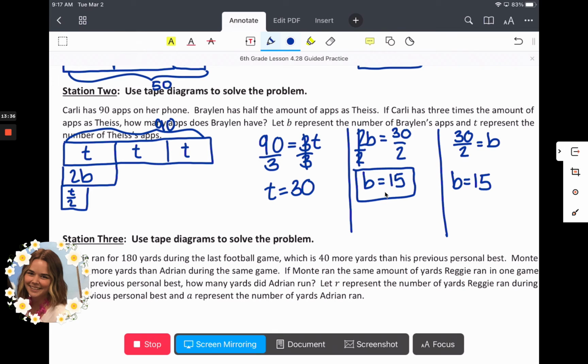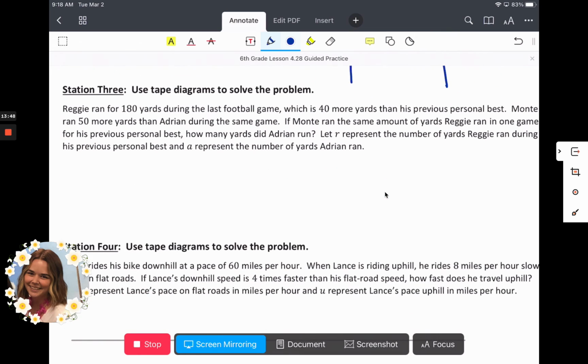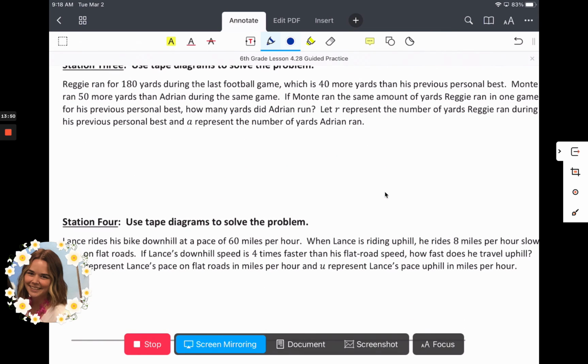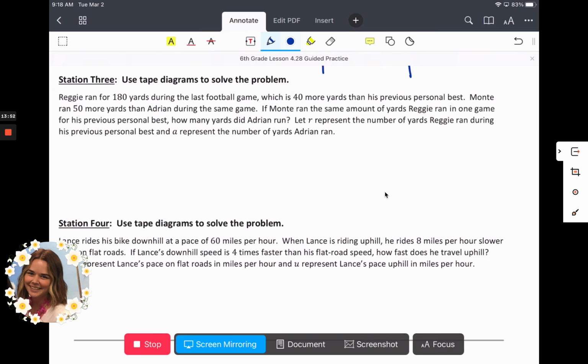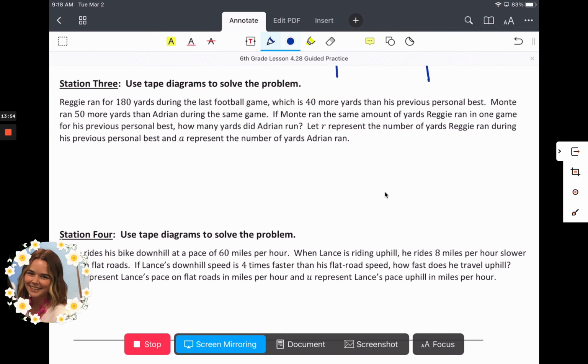We can plug that in because we know that 2 times b gives us 30, and 30 times 3 gives us 90. So we're good to go. Let's take a look at another one. This one says, Reggie ran for 180 yards during the last football game, which is 40 more yards than his previous personal best.